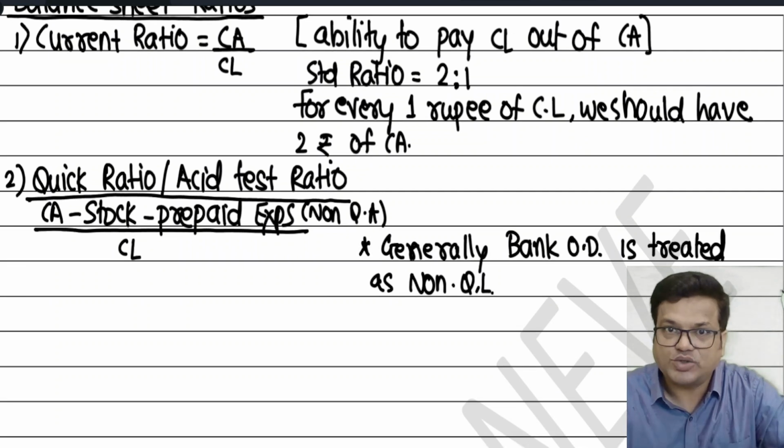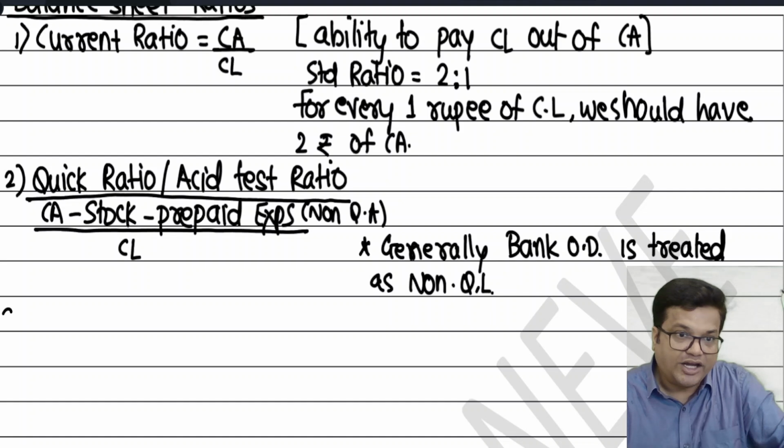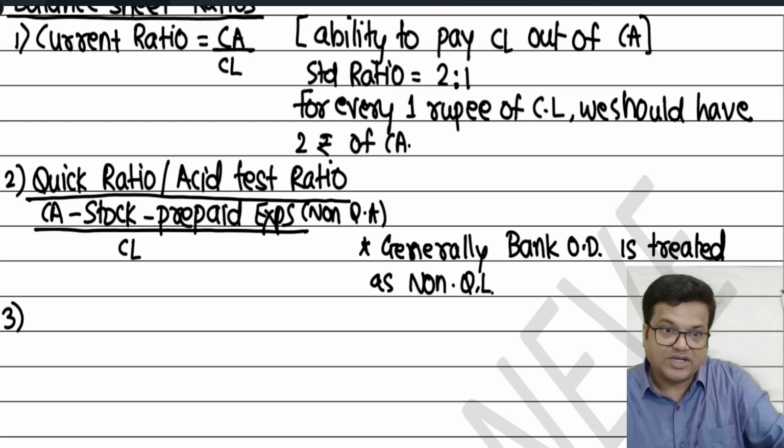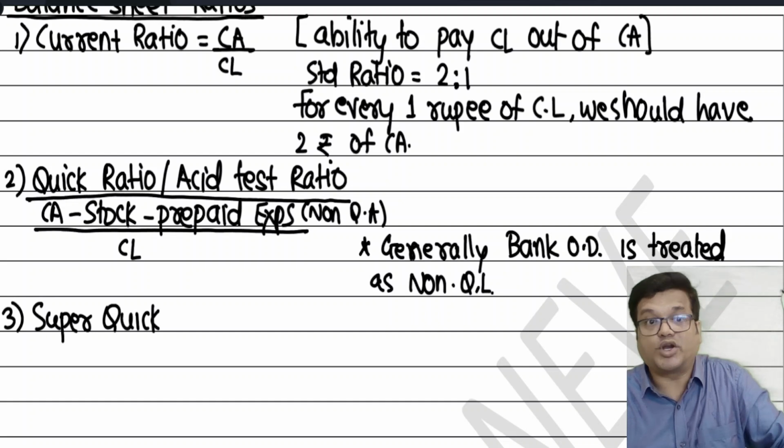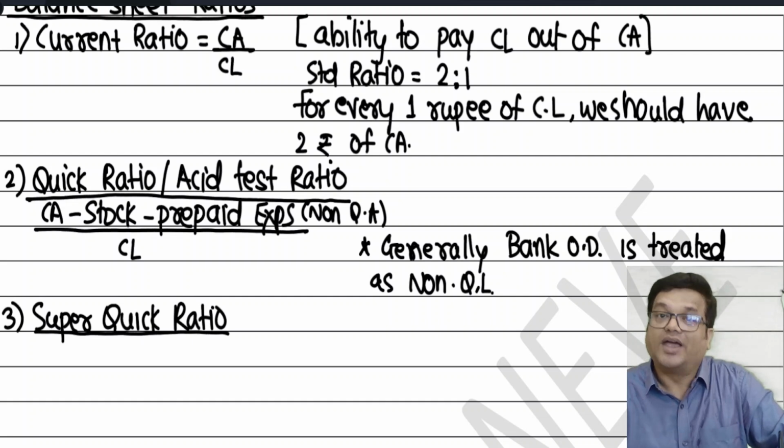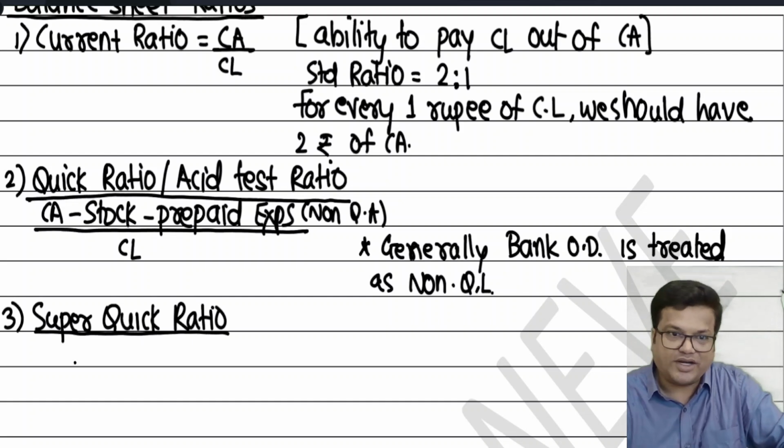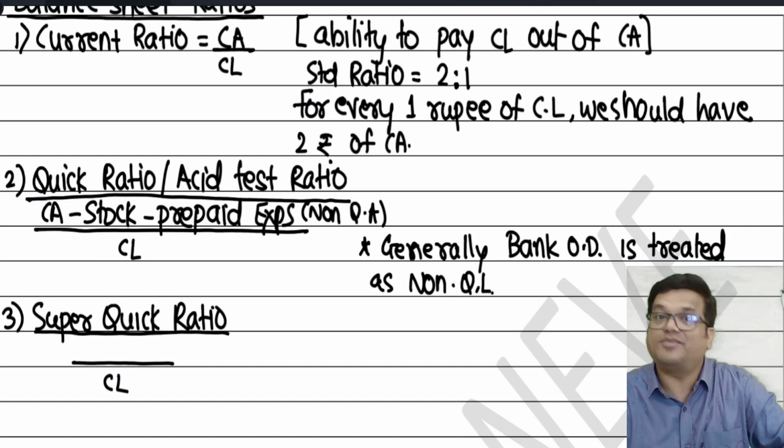Okay, friends. Now, one more ratio, a more strict comparison. We have done current ratio, we have done quick ratio. Now, an extension of this, we will do super quick ratio. Now, you know what is going to happen? In the denominator, we'll take current liability only.